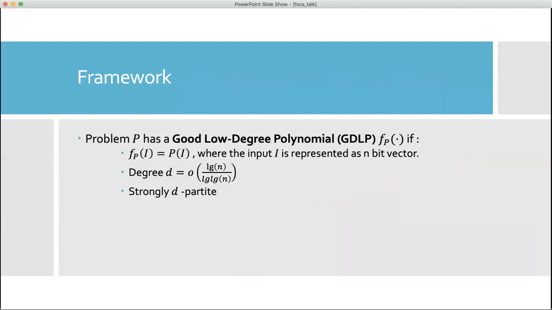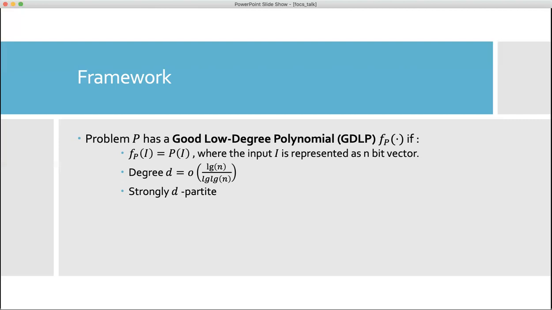We define the notion of good low degree polynomials, or GDLP, and we say that a problem P has a good low degree polynomial f sub P if this polynomial represents P correctly, meaning that on any input I, represented as an n-bit vector, f of I equals P of I. We want this polynomial to be low degree, so we want its degree to be little o of log n over log log n.